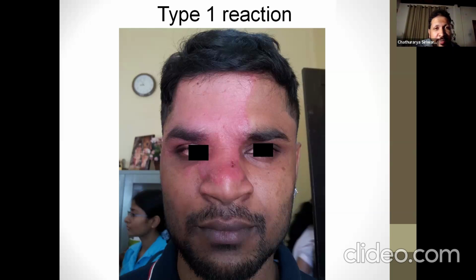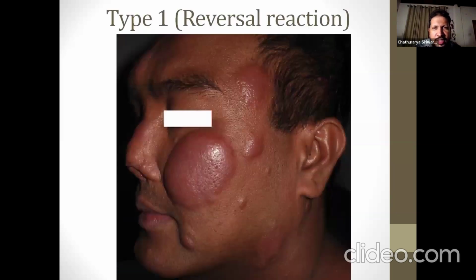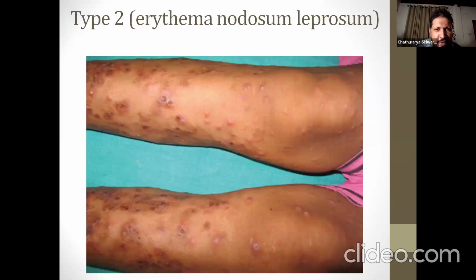You can come with acute nerve palsies. Now this patient can come with difficulty in closing the eye due to the nerve inflammation, right? So that's due to the upregulation of the immune response, which is in a way a good thing. But due to the risk of nerve palsies, we usually manage this with steroids, NSAIDs, because it can lead to nerve damage. So again, another patient, flat lesions become elevated and red and inflamed.